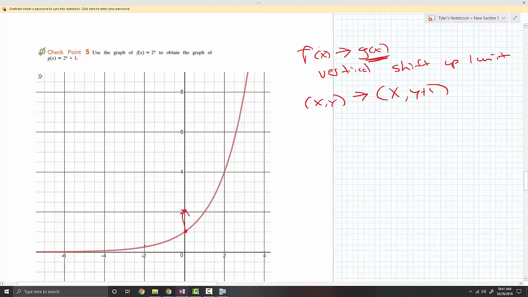This point is going to get shifted up 1 unit. So it'd be about here. This point will get shifted up 1 unit. This point gets shifted up 1 unit. This point would also get shifted up 1 unit.